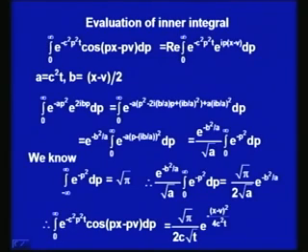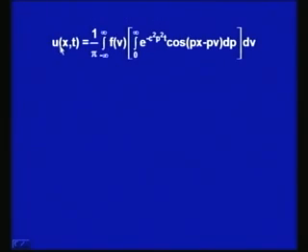Now, substitute this inner integral in our solution. The solution was u(x,t) as 1 upon pi, integral from minus infinity to plus infinity of f(v), then the integral from 0 to infinity of e to the power minus c square p square t cos (px minus pv) dp, and the whole thing is integrated with respect to v. This inner integral we had just calculated. Now, let us substitute it.